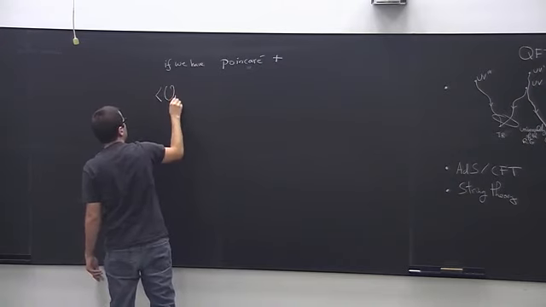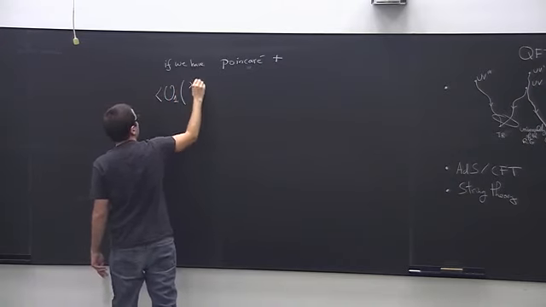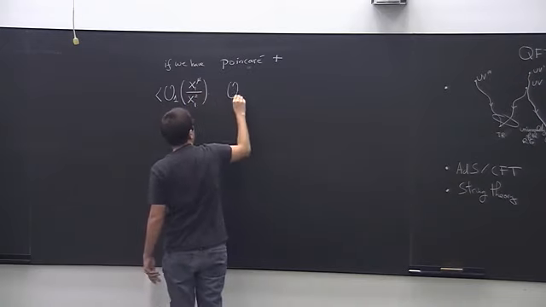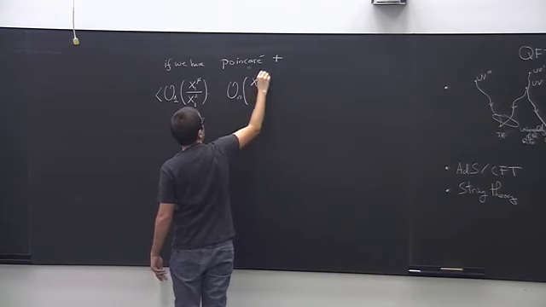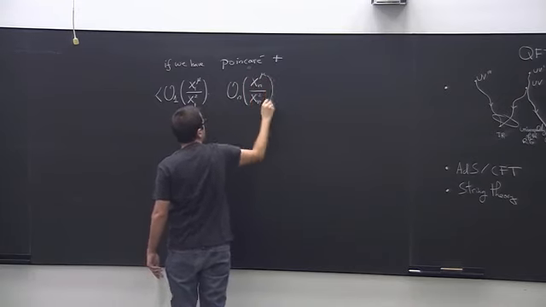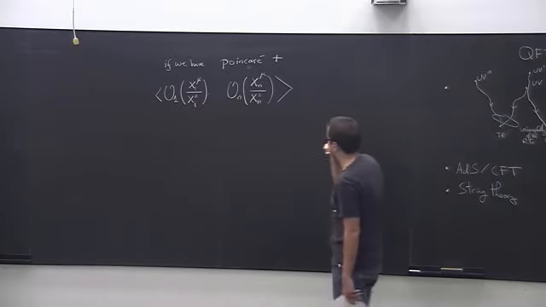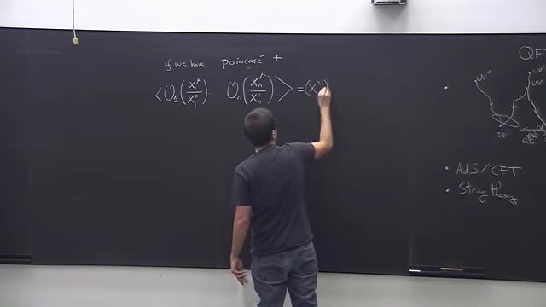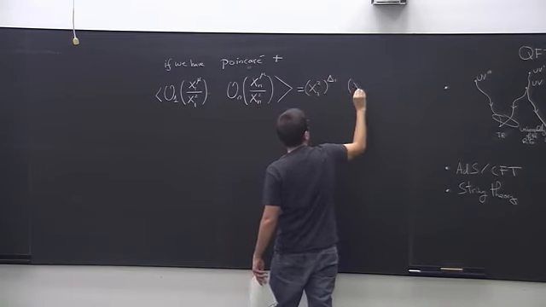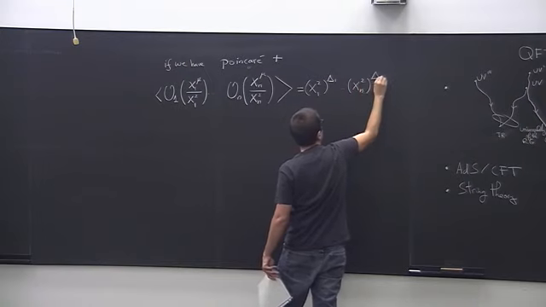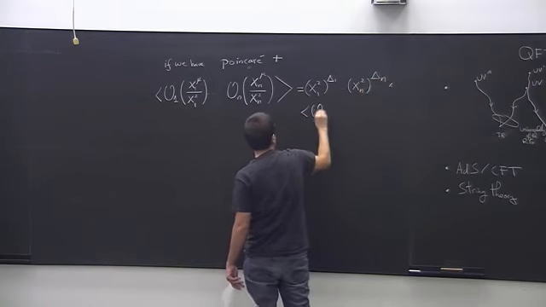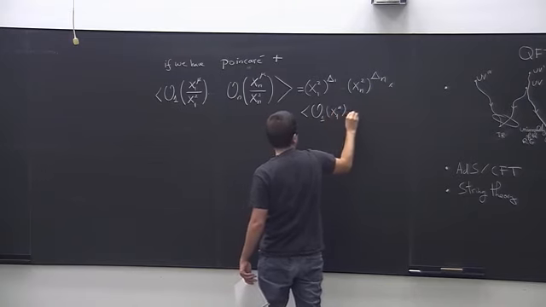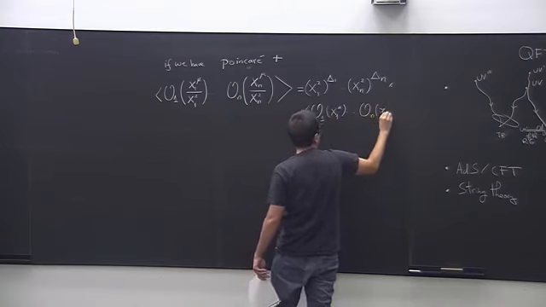If you compute the correlation function of your operators at the inverted points, x_1 mu over x_1 squared, up to x_n mu over x_n squared, this should be equal to x_1 squared to the delta 1, up to x_n squared to the delta n, times just the correlation function of the operators O_1 at your original points, x_1 mu, up to O_n of x_n mu.